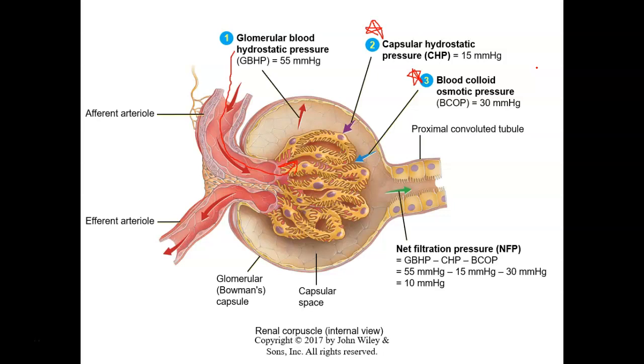Remember, we're going to go back. We all remember diffusion, and we probably all remember osmosis. I've talked about them both numerous times. But when we talk about the movement of water, actually let's back up.